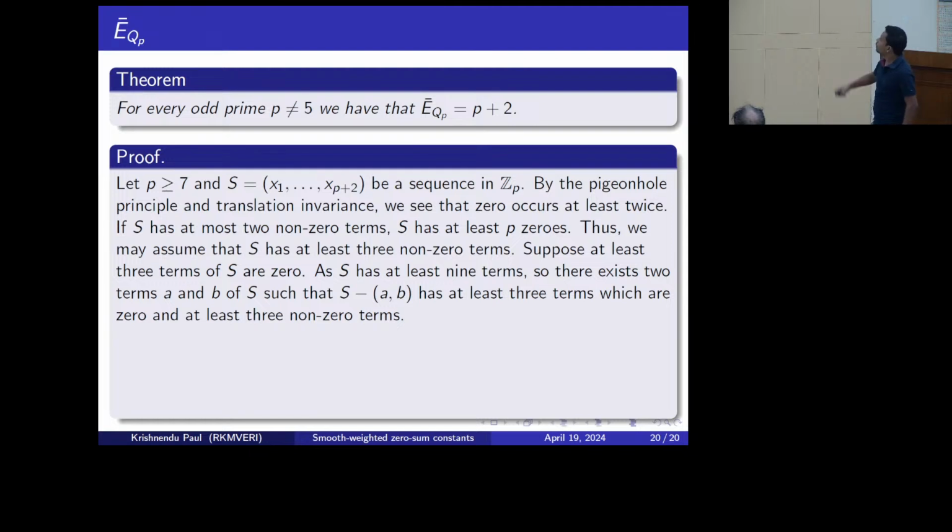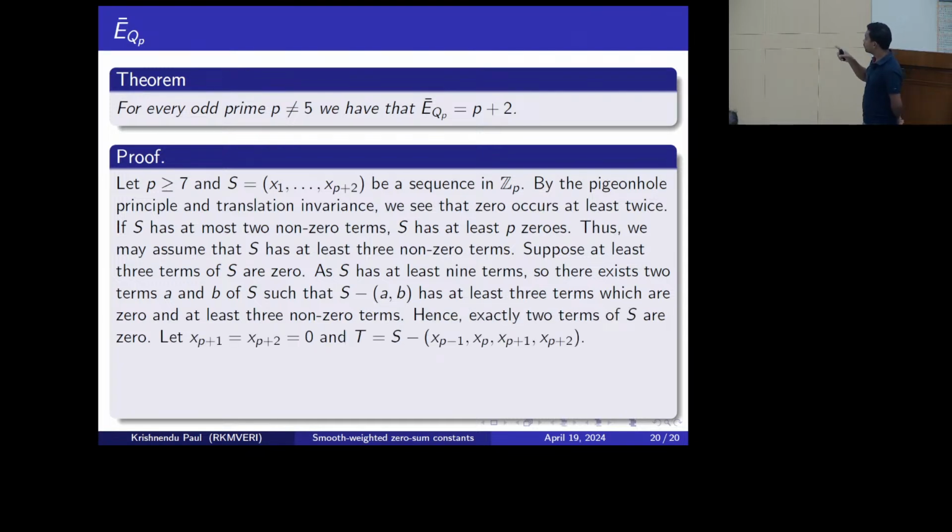As S has at least 9 terms, we can remove 2 terms such that the remaining subsequence has at least 3 non-zero terms, as we assumed earlier. Now it has at least 3 zeros. So we are done.